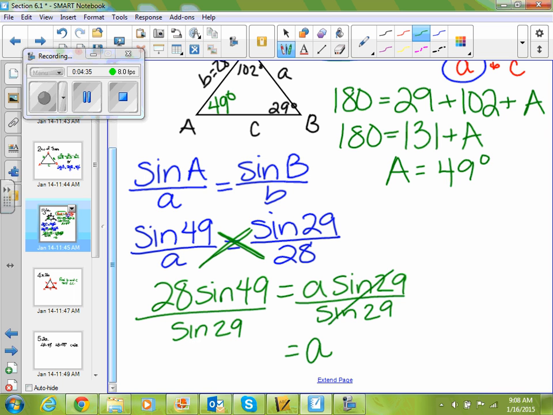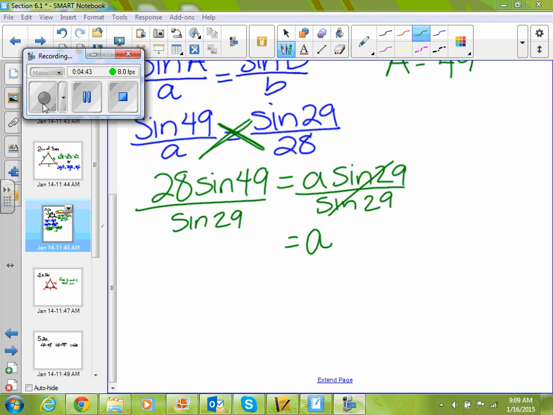And we plug that into our calculator. You need to make sure that your calculator is in degree mode when you do that. Alright, so 28 times sine of 49 degrees gives me approximately 21.132.